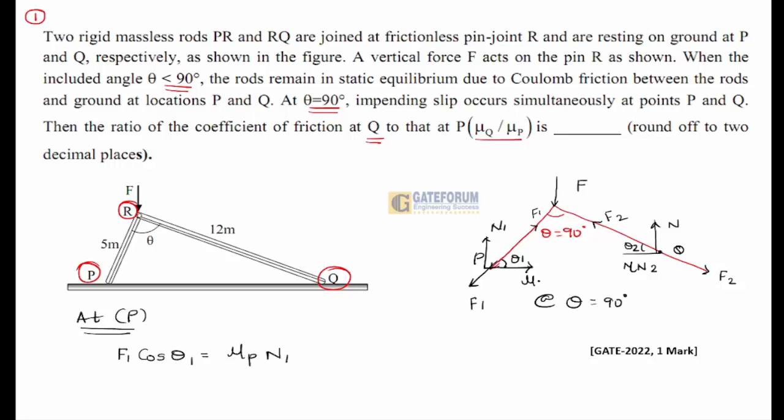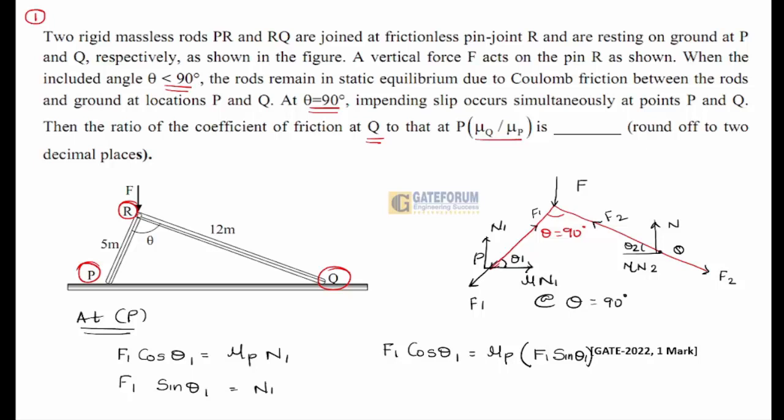And vertical forces: F1 sin theta 1 is equal to N1. So when I equate these two, F1 cos theta 1 is equal to mu P times F1 sin theta 1.